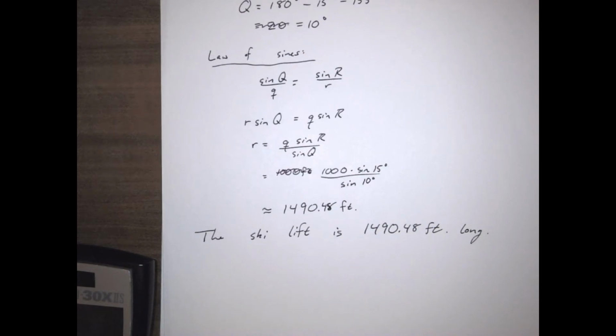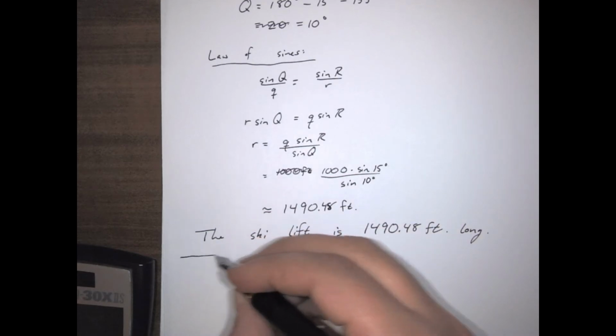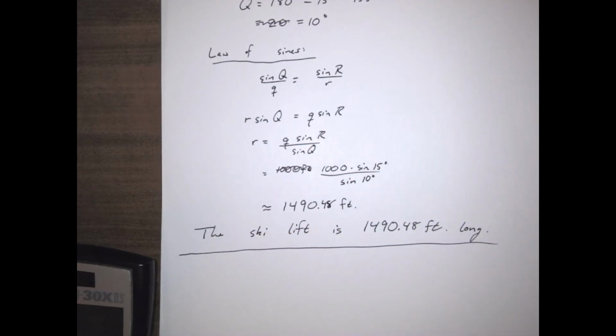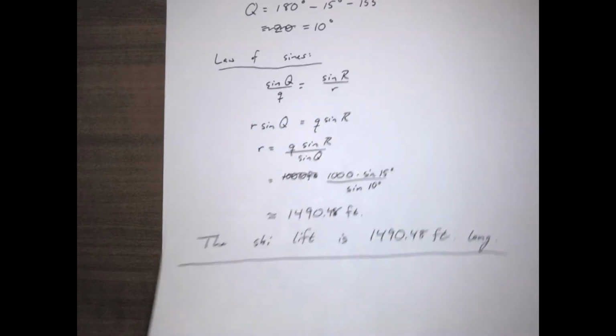So that's how you can use the law of sines to answer a question essentially from surveying, which would give you then the height of something based on two measurements of two different angles and the distance between them. Alright, and that is 7.2 for you.